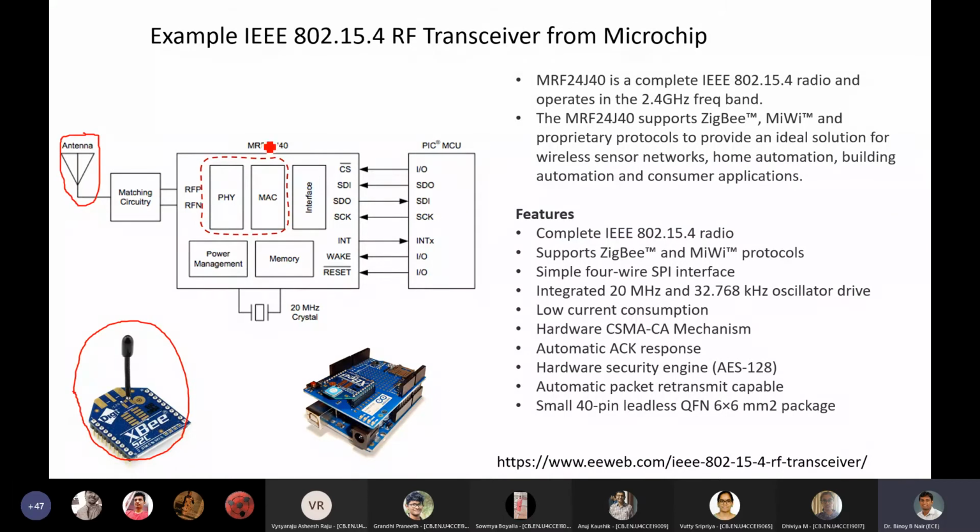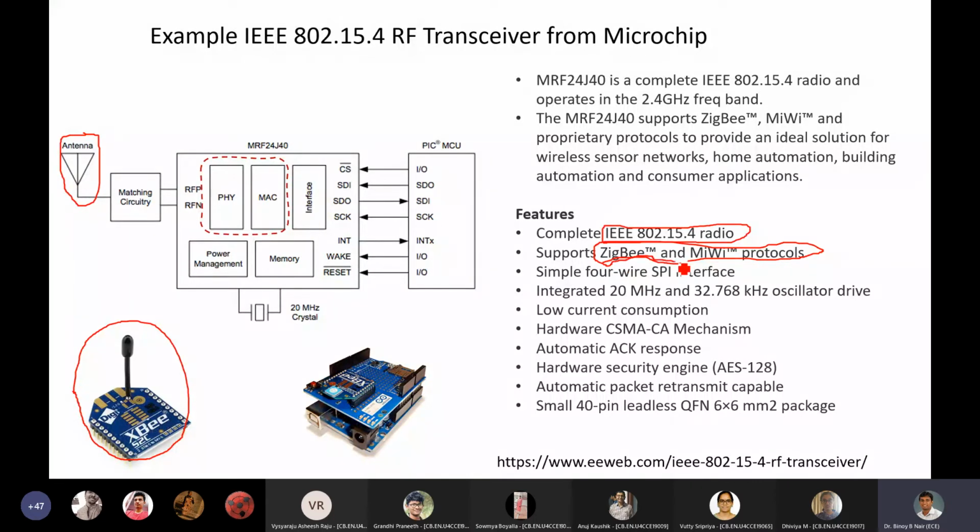So this chip is made by Microchip, and the system they are selling is a complete 802.15.4 radio, which means it complies with the 802.15.4 physical and MAC, or data link, layer protocols, and it can also support both ZigBee and MiWi protocols.